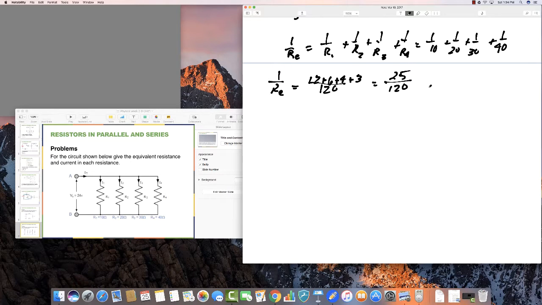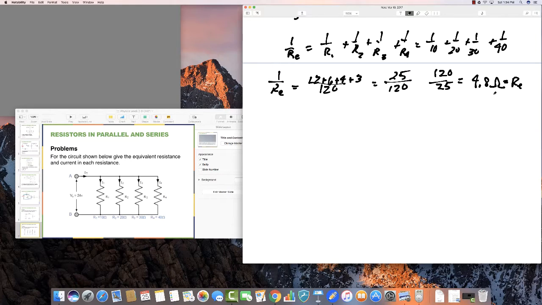So RE is going to be 120 divided by 25, which is equal to 4.8. So the equivalent resistance here is 4.8 ohms.